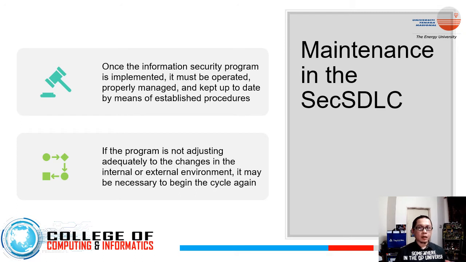So we gather our team, look back at the documentation, see where the problem is, and go back to the SecSDLC phases one by one and see at which stage we can improve our security control implementation.